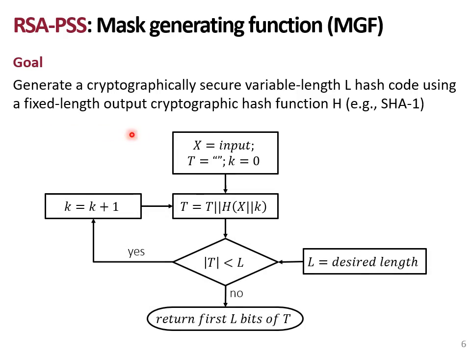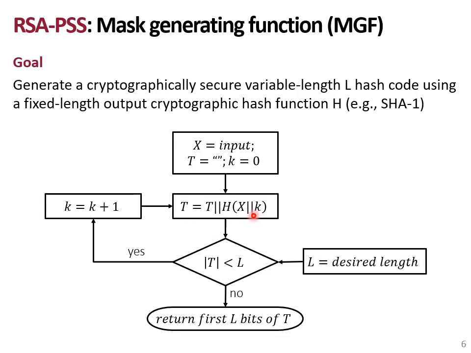Well, we start from our input to the hash function X, our output T, which is initialized to an empty string, and a counter value K initialized to 0. We then calculate the hash value, for example using SHA-1, of our input concatenated with our counter and concatenate that to the empty T. We then check the length of T, and if it is less than the desired length of the output, we repeat the same process but by increasing the counter K by 1.